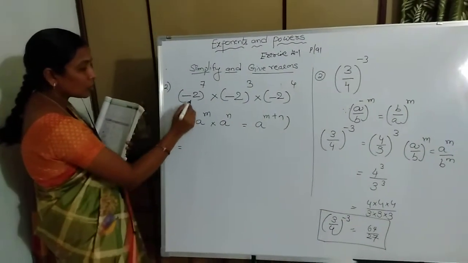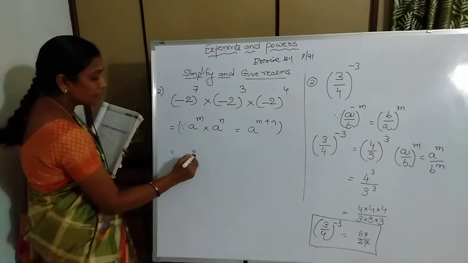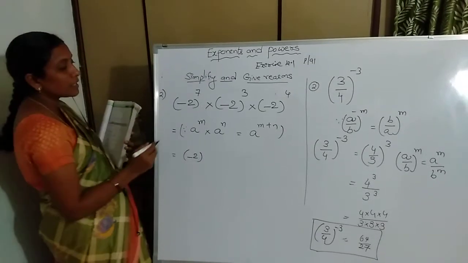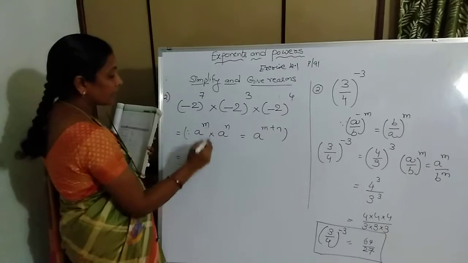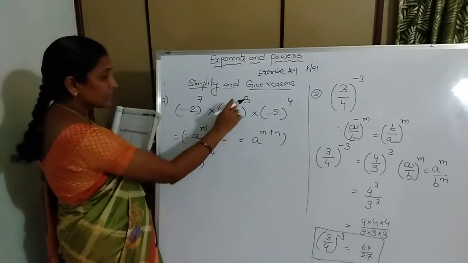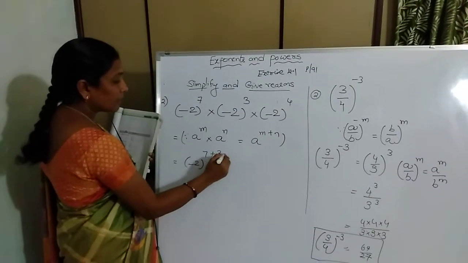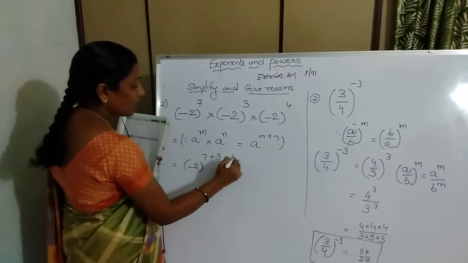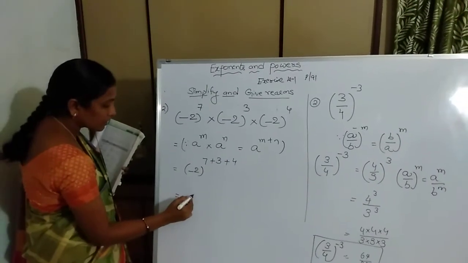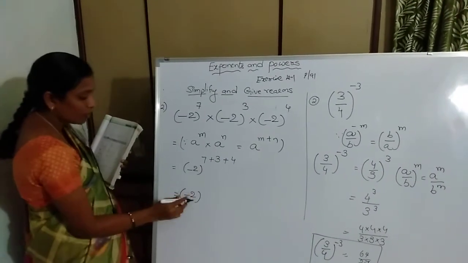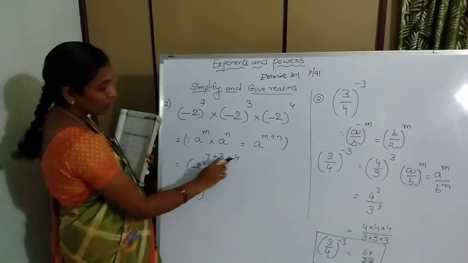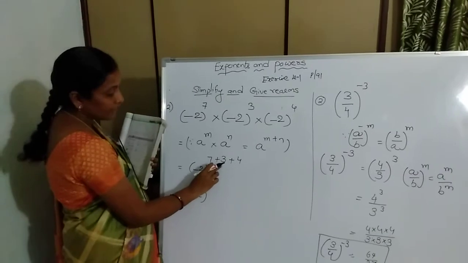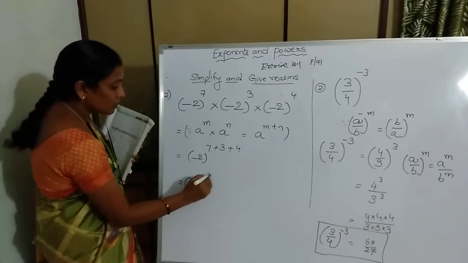What is the common base here? Yes, minus 2 is the common base. And what are the exponents here? Yes, very good. The first exponent is 7, plus the second exponent 3, plus the next exponent 4. So by adding all the exponents, 7 plus 3 equals 10, 10 plus 4 equals 14.